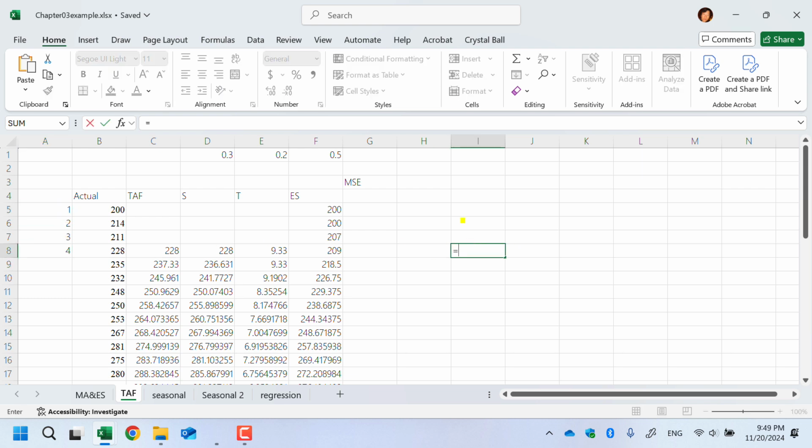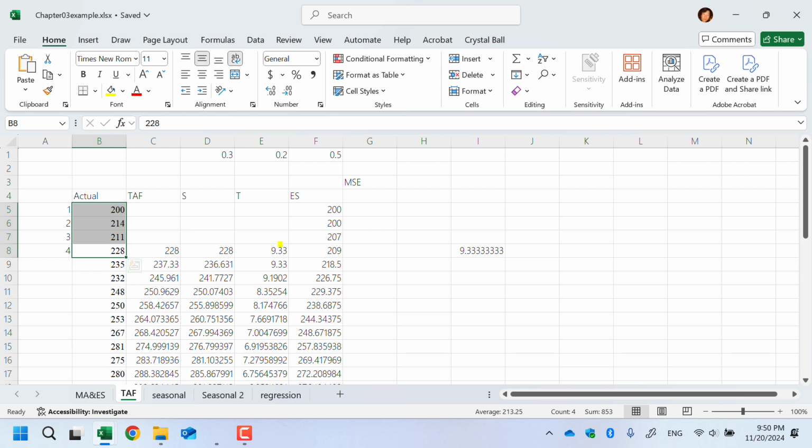So if you calculate the slope of this line, 200 to 228, that's 228 minus 200 divided by 4 minus 1, right? So that's 9.3333. So your initial 9.33 is using previous information. How much it changed when x changed from 1 to 4, increasing by 3. How much is y increasing? So it's like a slope.